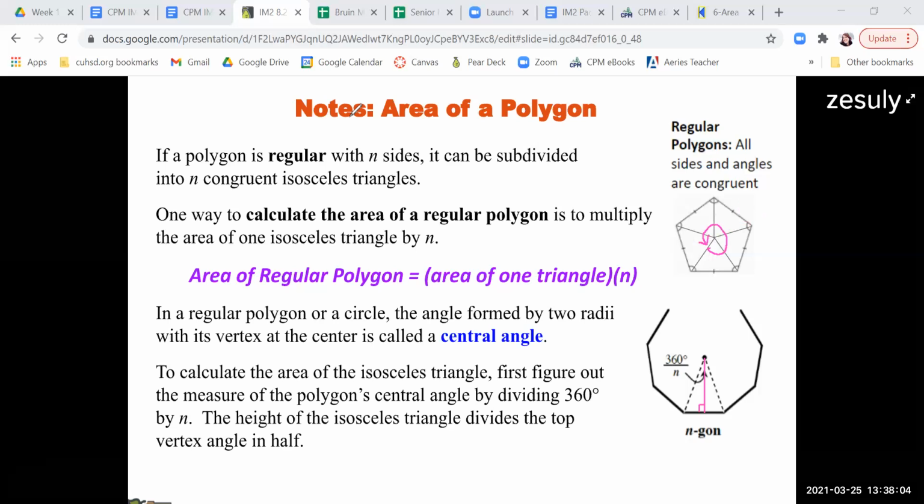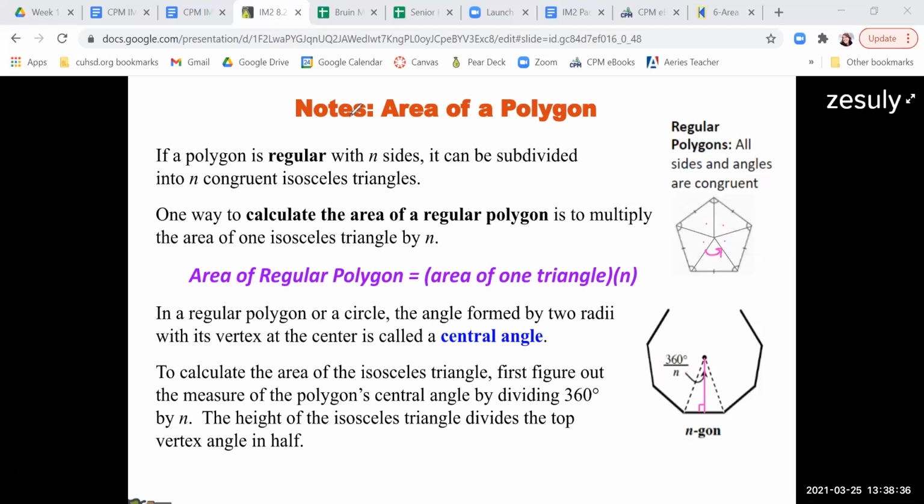But if we only want a partial rotation that just gives us the central angle, what we just need to recognize is that every one of these central angles in this diagram would be equal to each other. So all we have to do is take 360 and divide by the number of angles that we have, or the number of triangles that we have. And that will give us one of them because they'll all be identical. So this expression, 360 over n, gives us the full central angle.